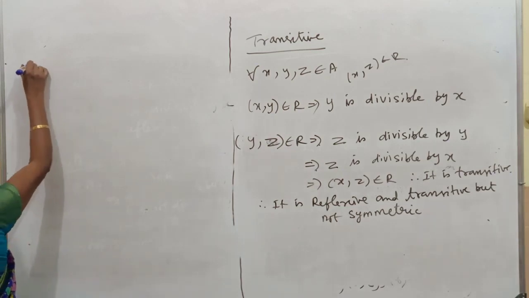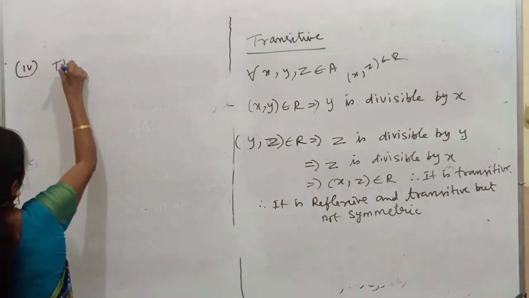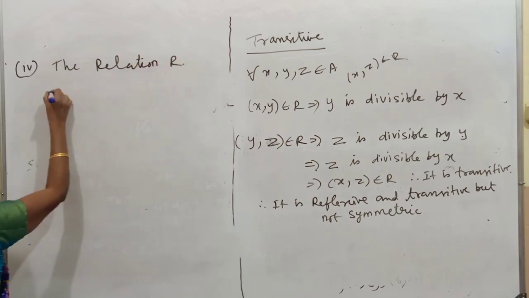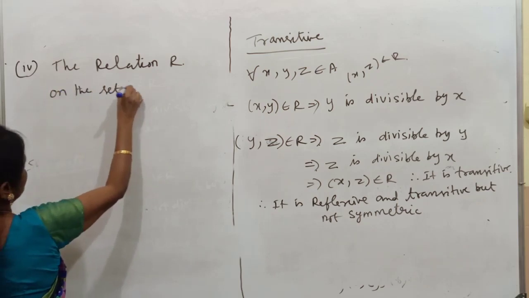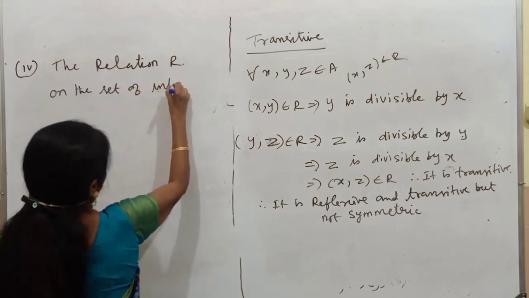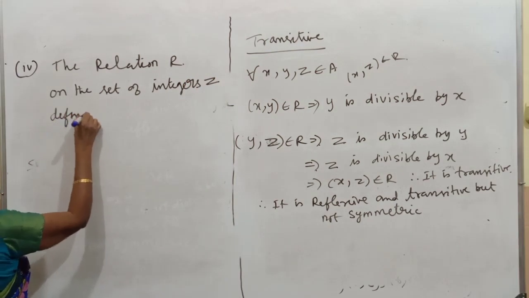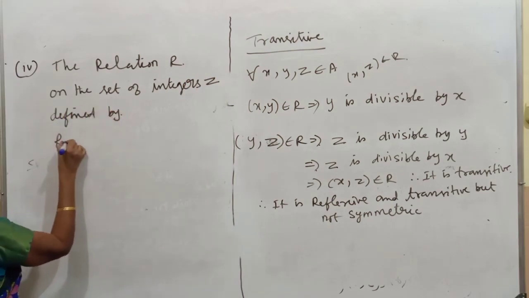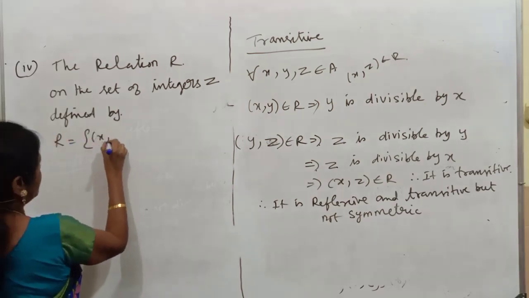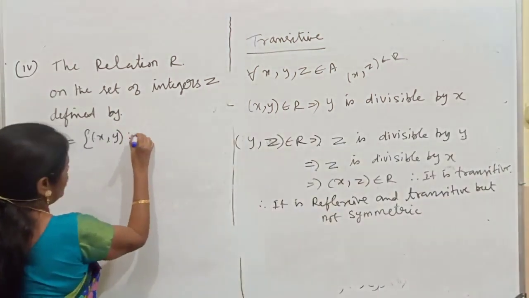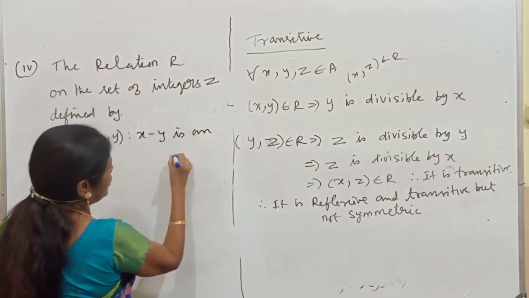Right. We will go for the fourth one. The relation R on the set of integers defined by x, y belongs to R such that x minus y is an integer.